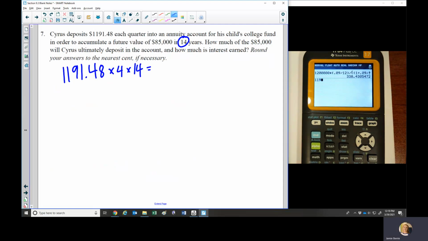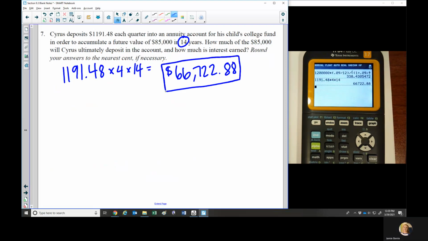All right, so 1191.48 times 4 times 14. All right, so he's depositing $66,722.88. And then how much interest did he earn?